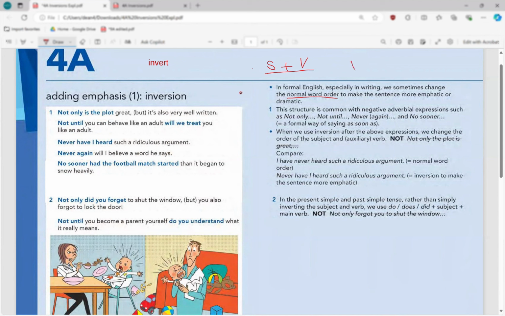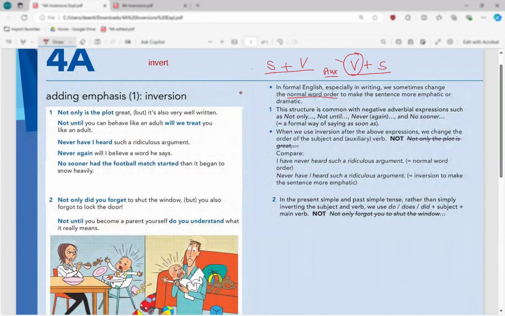But if verb comes before subject, then that is inverted form. Guys, so this verb, usually auxiliary verb. Auxiliary. So I'm going to write here AUX. It means auxiliary. Okay. So basically, we are putting the auxiliary verb before subject.